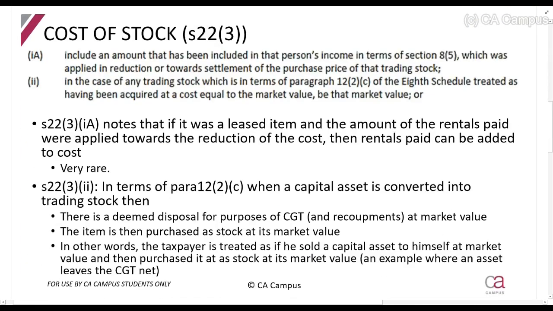Section 22.3 then says, the most important one I just want you to see here, in the case of any trading stock, which is in terms of paragraph 12.2c, treated as having been acquired at a cost equal to market value, it will be the market value. Now, what are they talking about here? Paragraph 12.2c, this is a CGT section.